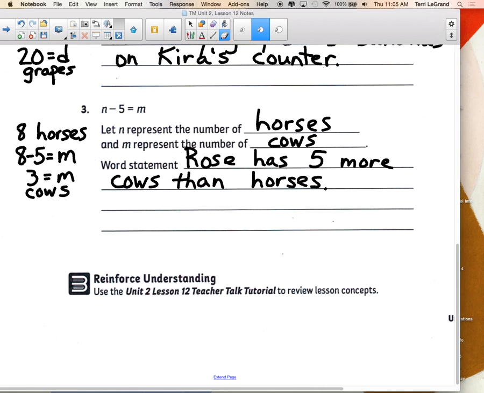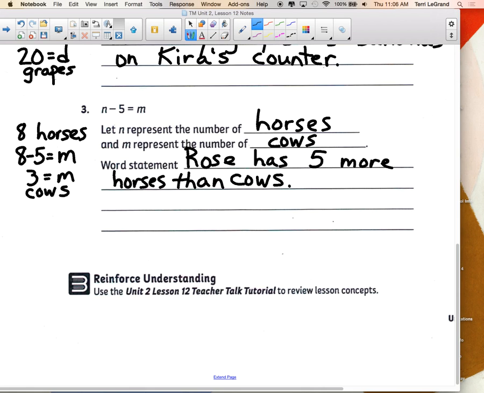Yeah, let's just switch those 2 around. So it was cows before, now it's going to be 5 more horses than cows.